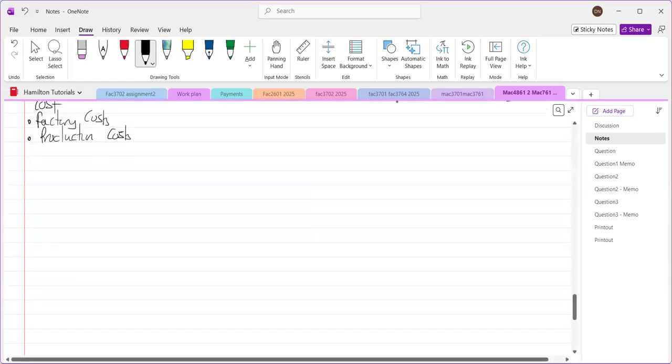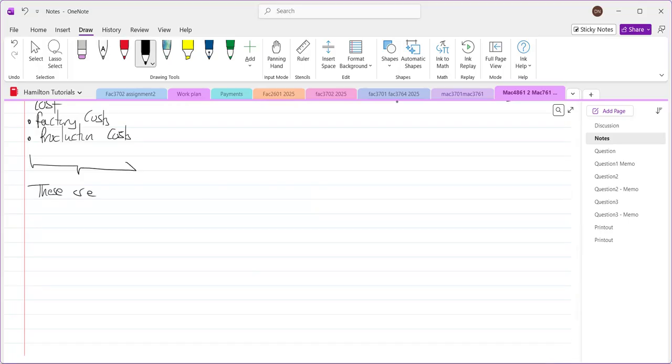Now, the key thing here is that these are costs incurred in production.